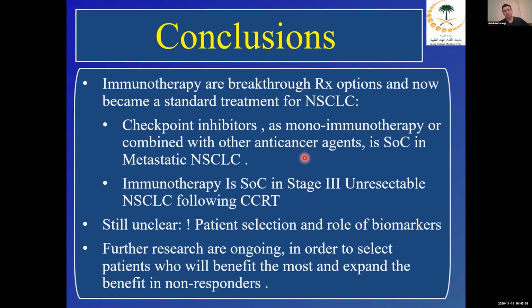Immunotherapy is also now a standard of care in stage 3 disease following concurrent chemoradiation. We're still figuring out how to select those patients who benefit the most, and biomarkers. We still use PD-L1 as the best biomarker that we have, but we are still looking for more biomarkers in order to select those who benefit the most.